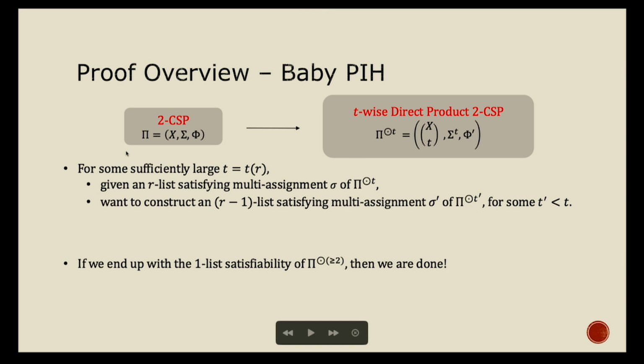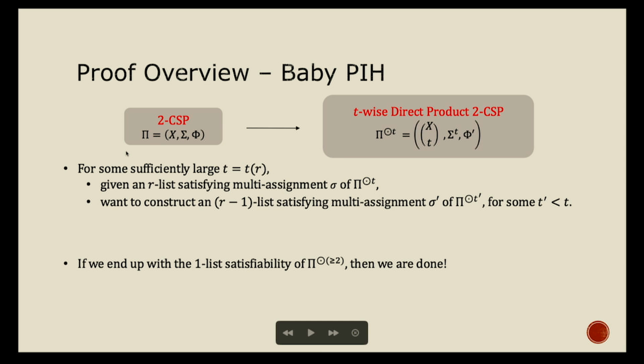If we end up with one-list satisfiability for some pi to the power of at least 2, then we are done, because every 2-CSP constraint is contained and checked within some size-t subset, and being one-list satisfiable means the assignment is globally consistent.